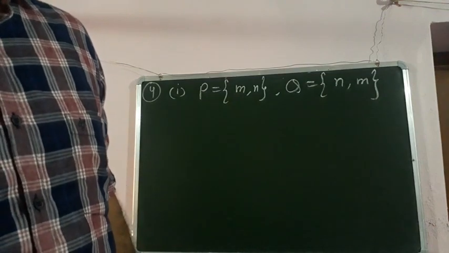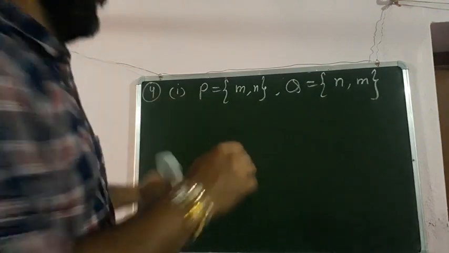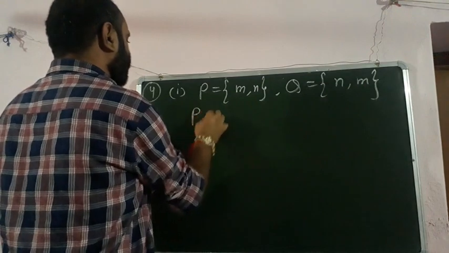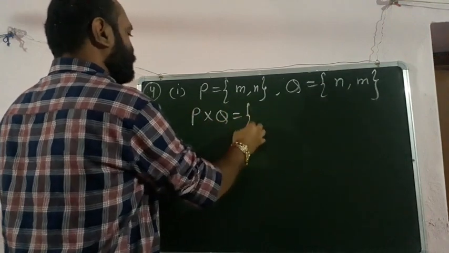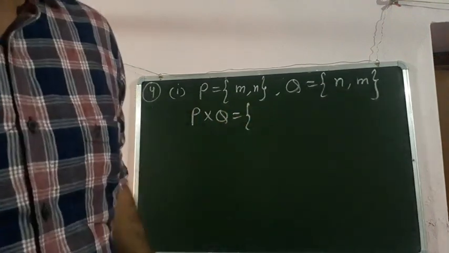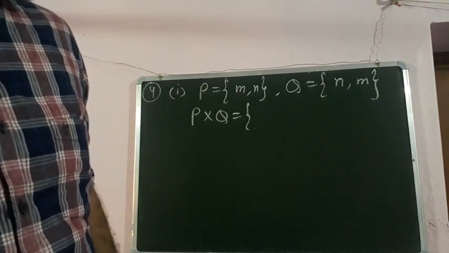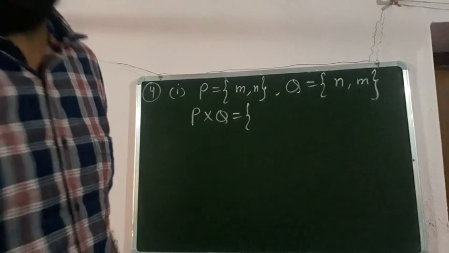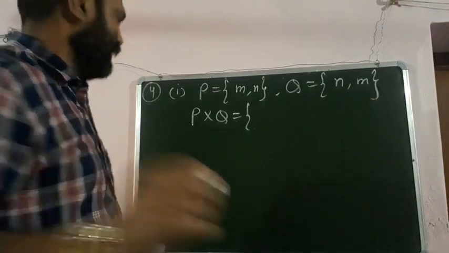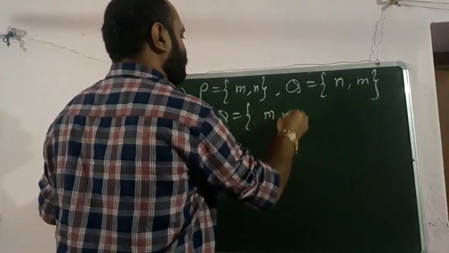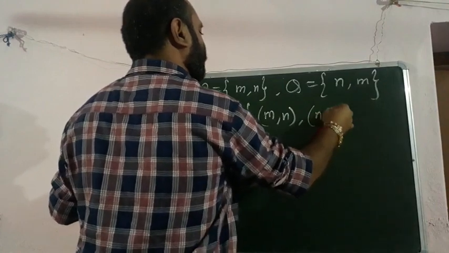Clear? Then P cross Q is equal to M n, N m.